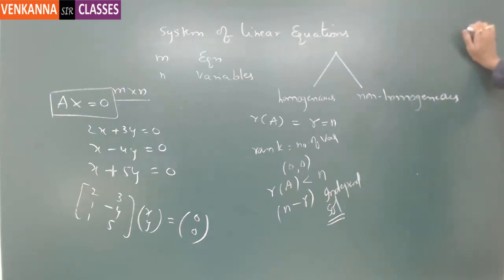So we say that the homogeneous system has only two types of solution: one, trivial solution; second, infinite solutions. In the infinite solutions case, we calculate how many independent solutions there are. So this is all about the homogeneous system. Any questions?